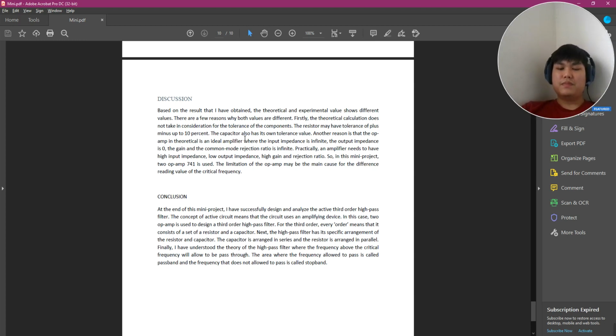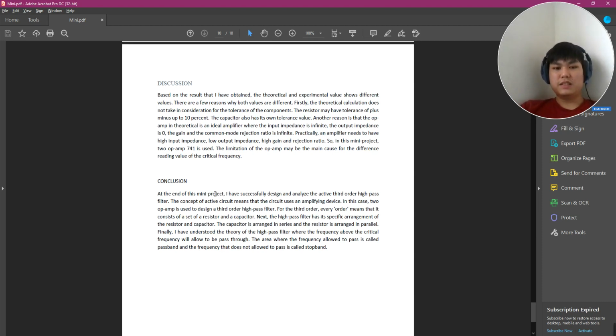But the major reason the simulation and theoretical results differ in my experiment is probably the operational amplifier. I used a 741 op-amp, which has its own values and characteristics in the datasheet that we can refer to. So this might be the reason for the difference, because of the limitation of the op-amp.